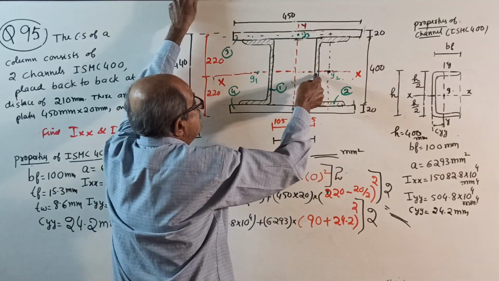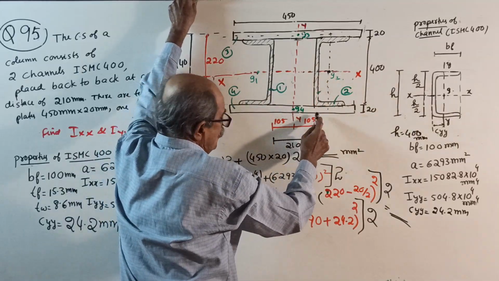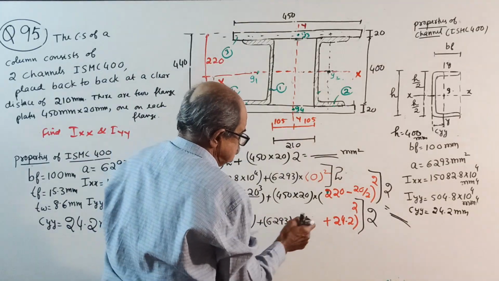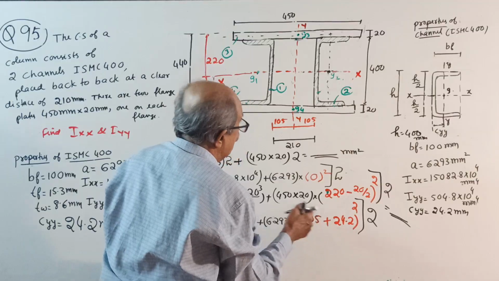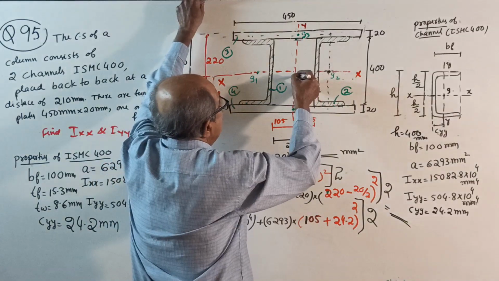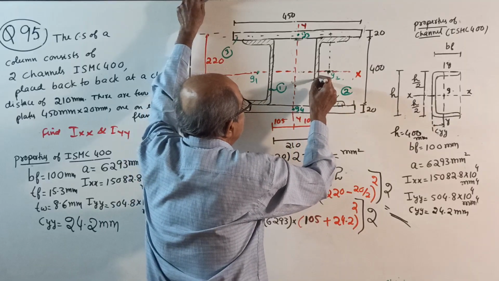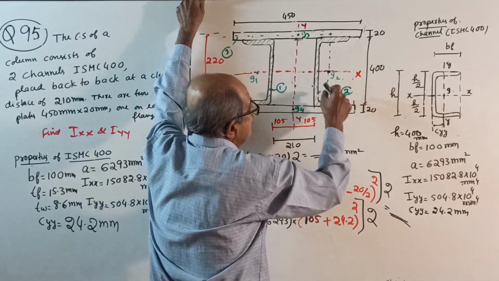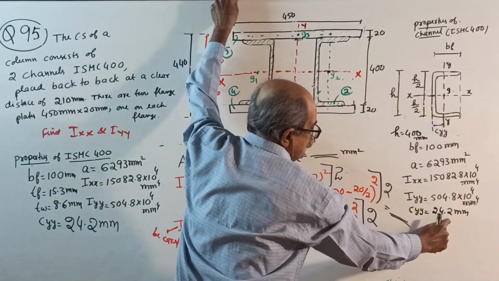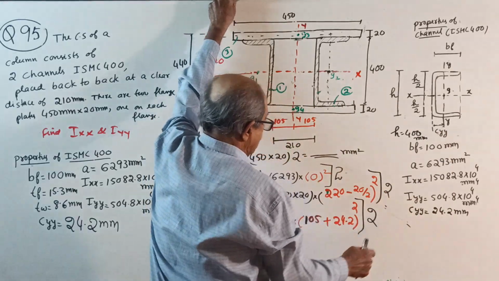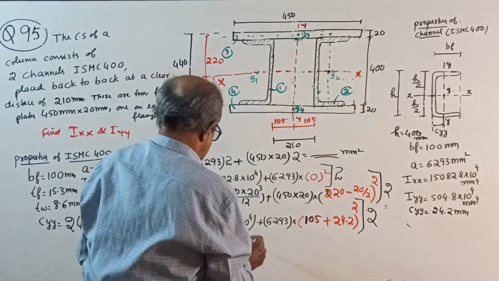See, this distance is 105, that remains same, plus from here to here, this distance 24.2, whole square, multiply by 2. That will give for 2 channels.